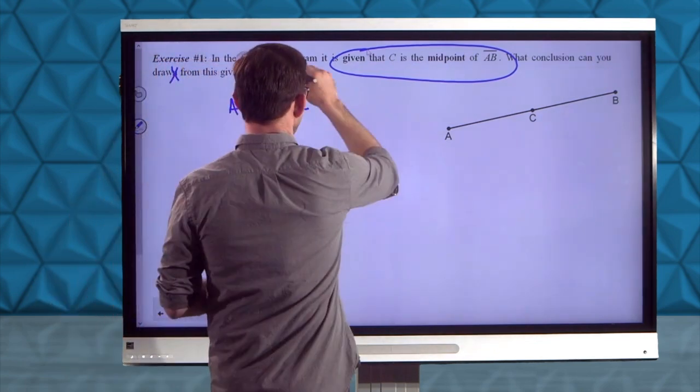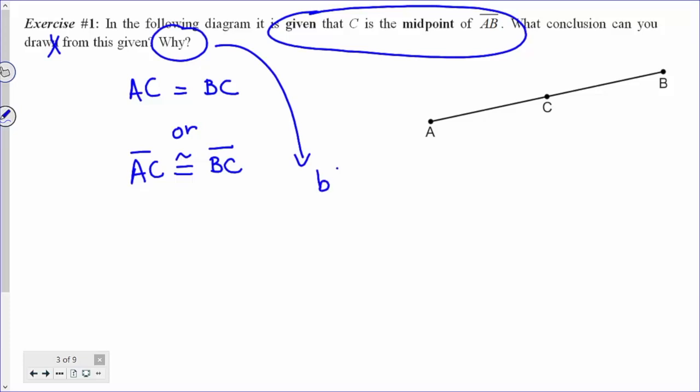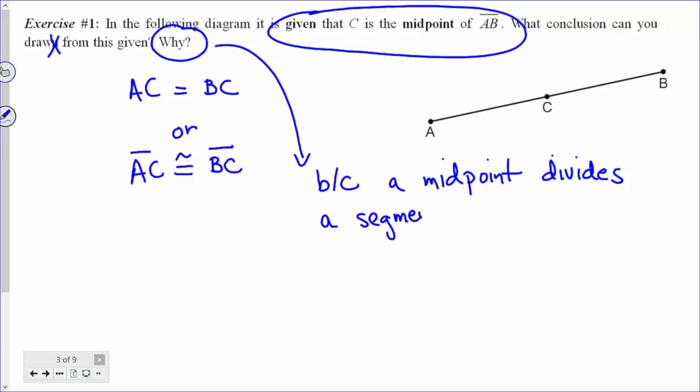The reason is because a midpoint divides a segment into two congruent segments.